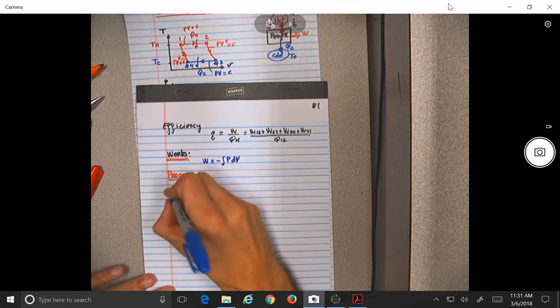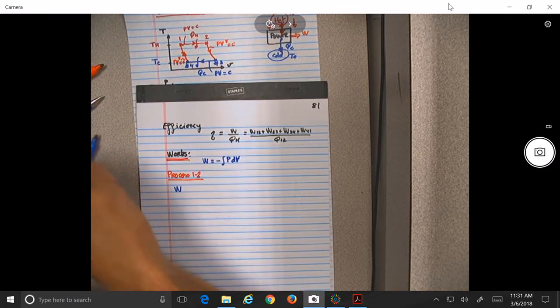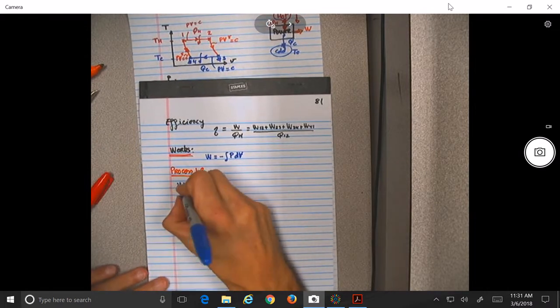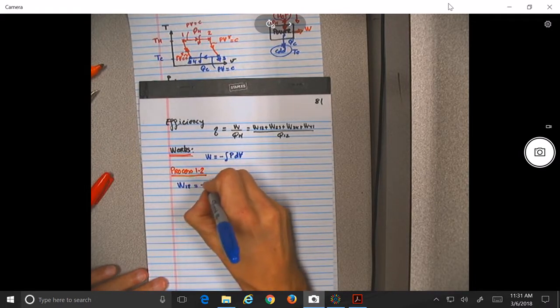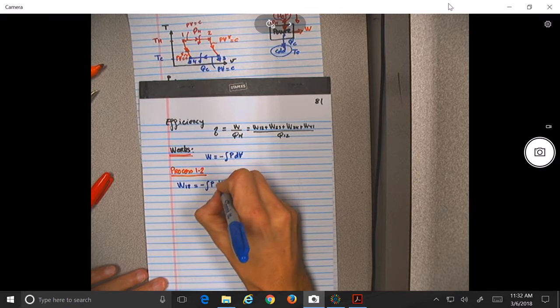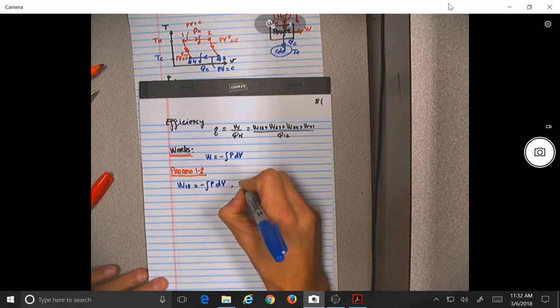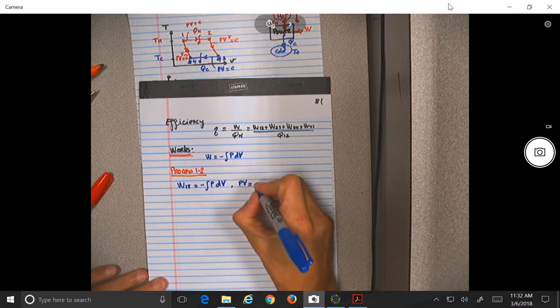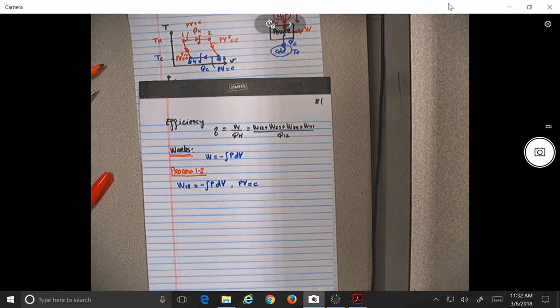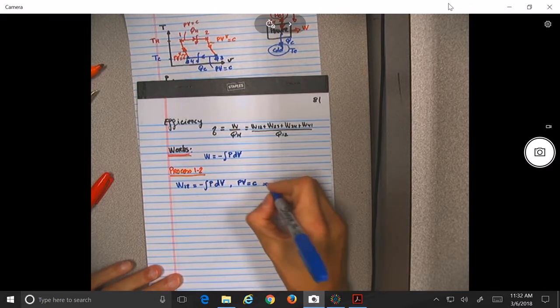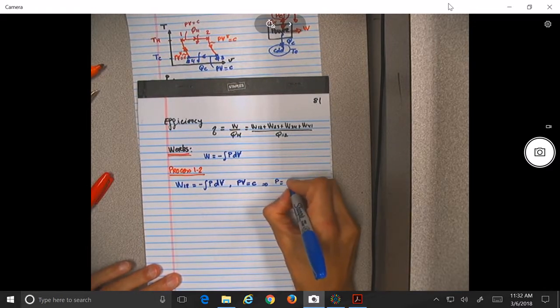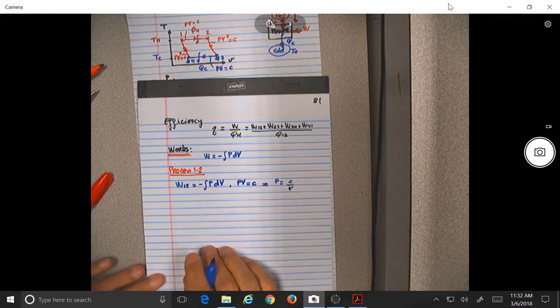I'm going to do it in blue because it's a little bit thinner than the black, and the black is going to make everything too thin. So work 1,2 should be equal to what? Minus PdV. And what type of process is process 1,2? It is of the type PV equal to a constant. Okay? So again, that means what? That P is equal to C over V.